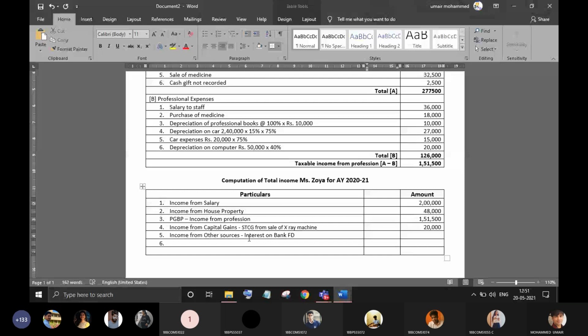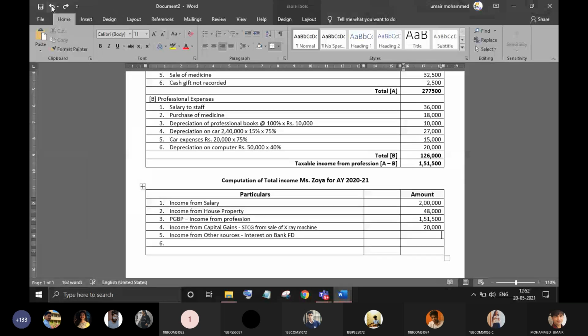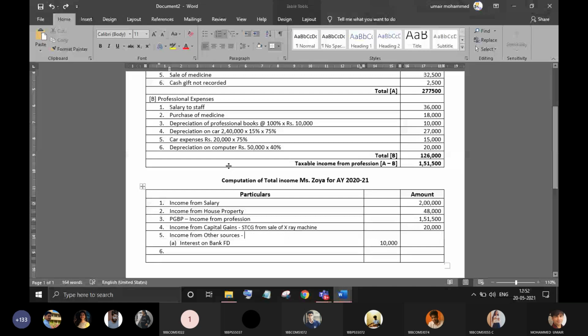Let's quickly recheck. Have we missed out on anything? No, that's it. We have incorporated all the incomes. No, we have missed out on income from subletting, okay, which comes under other sources. Let's record that.